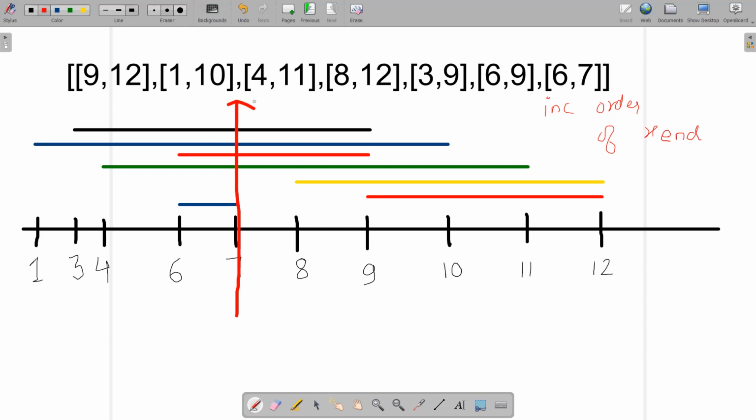All the balloons whose range satisfies the condition x start less than or equal to 7, less than or equal to x end, will be burst. You can see this one is not going to be burst. Wait a minute. Yeah, this one burst, this one burst, this one also, this one also.